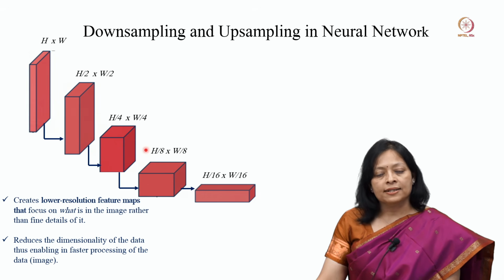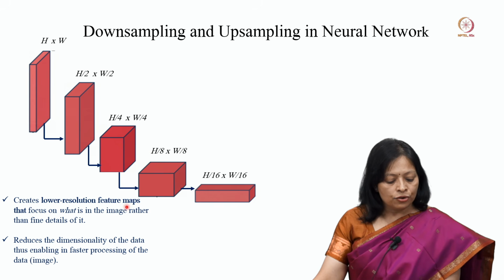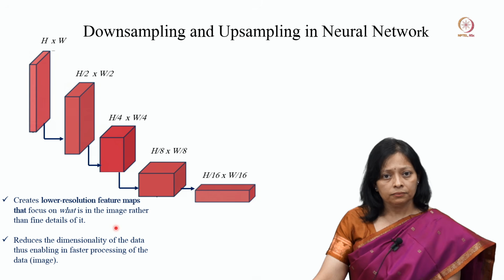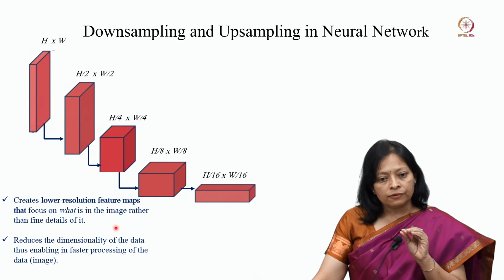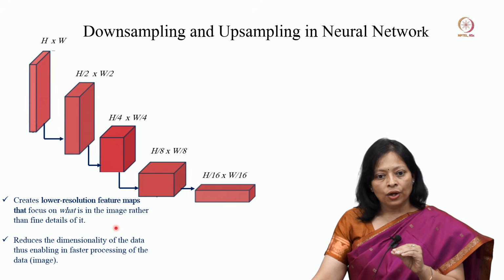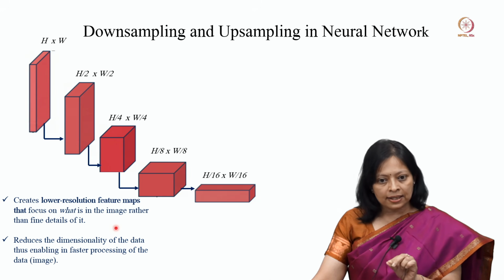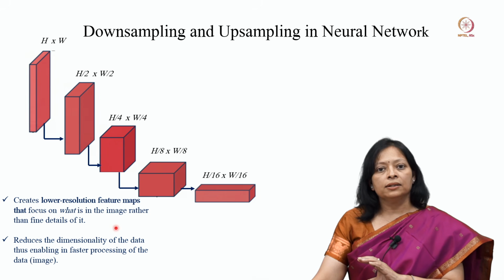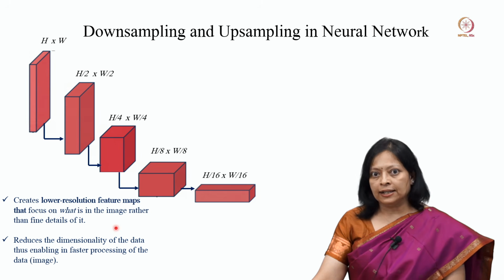Now, what is the reason for downsampling? Why do we need it? It creates a lower resolution feature map that focuses on what is in the image rather than finer details. When we want to focus on a particular place in an image, we need to see, okay, this is the place where the tumor is, rather than having all the finer details of the entire image.